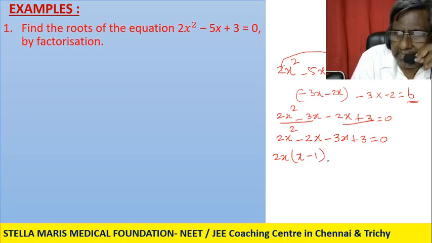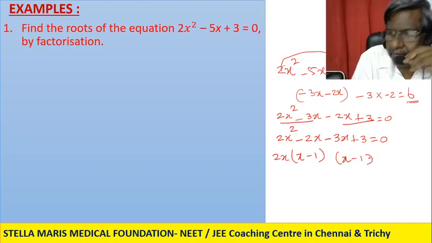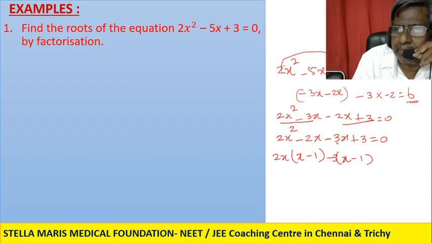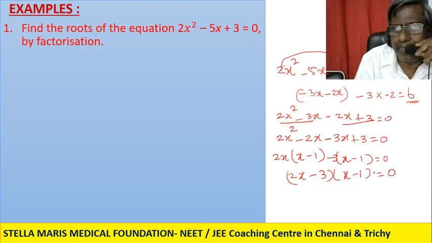So what is in these brackets should also come here, x minus 1. So it will be minus 3 here, minus 3 into x minus 1, minus into minus will be plus. Now we can put like this: 2x minus 3 into x minus 1 is equal to 0.